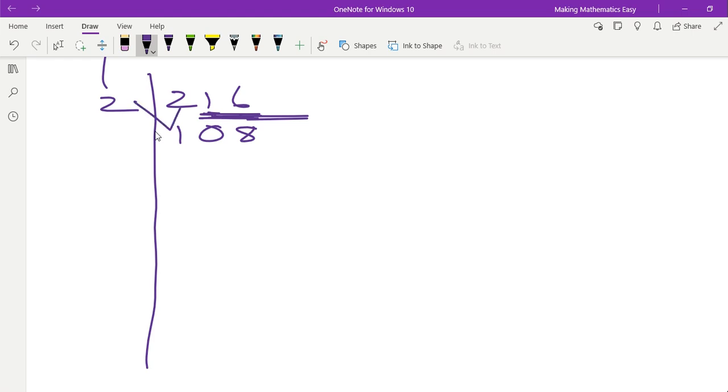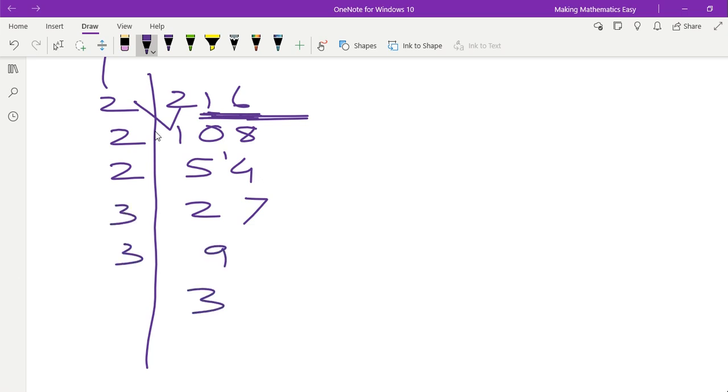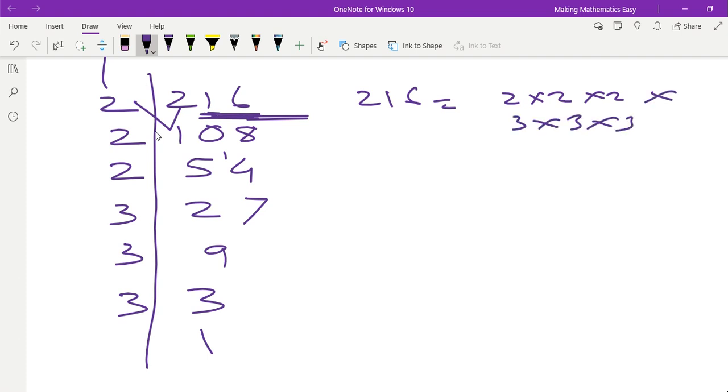If you don't put the zero, this will be 18, and 18 into 2 is 36, so that will not be correct. Next, 2 fives are 10, 2 fours are 8, 2 twos are 4, 2 sevens are 14, 3 nines are 27, 3 threes are 9, 3 ones are 3.